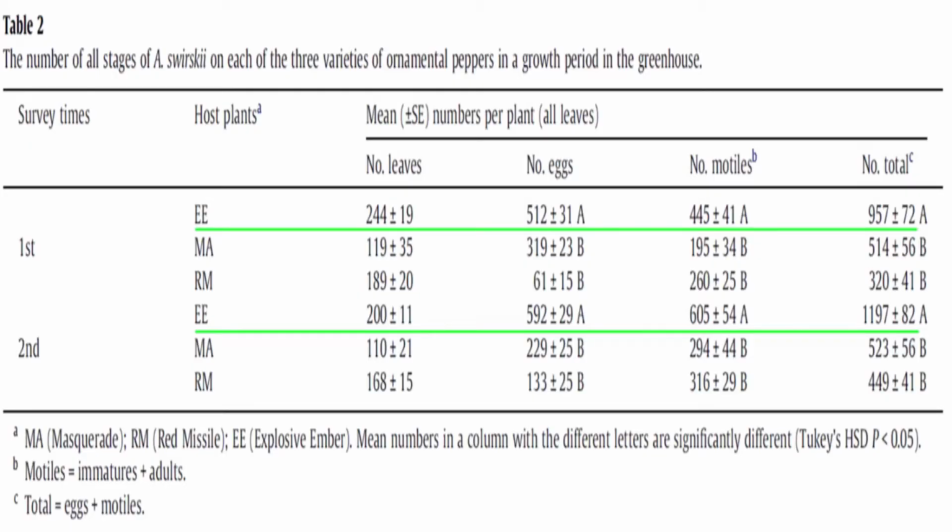And one of the ways you can do that is with pollen for certain predatory mites, like Swirskii, for example. Highest mean of Swirskii per leaf was Capsicum annuum 'Explosive Ember' at about 1200 Swirskii. It also had significantly more eggs and motile life stages per individual. All three cultivars, however, were successful in prophylactic capability.